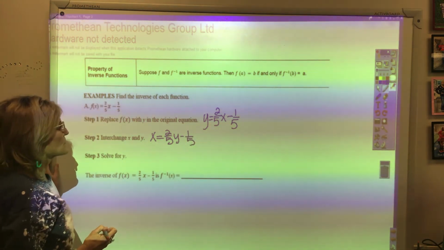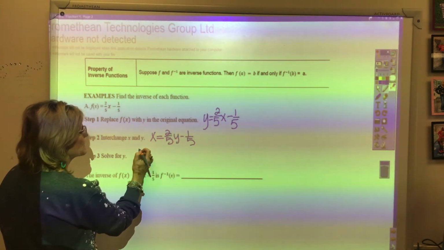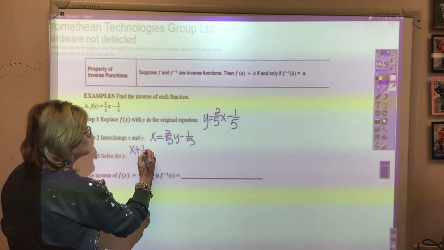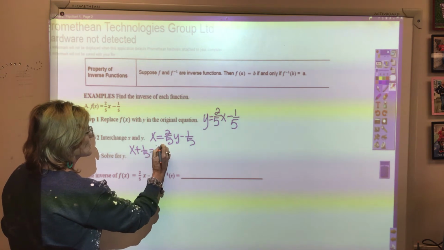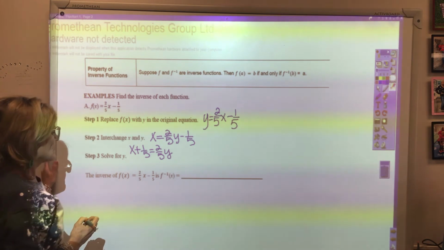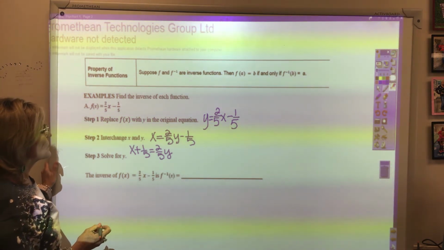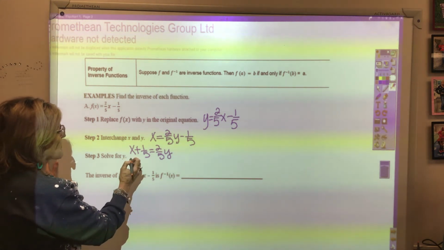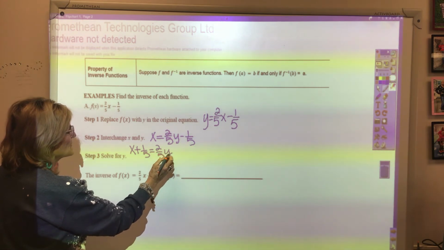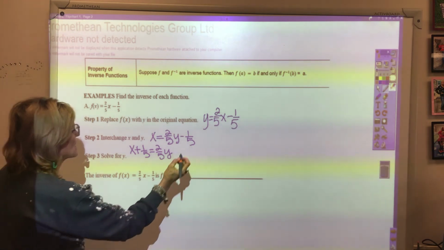Now we're going to solve it for y. So the first thing we would do would be to add 1/5 to the right side. And then, to solve for y, we would multiply everything by 5, and then divide everything by 2, or multiply everything by 5 halves, however you want to do that.